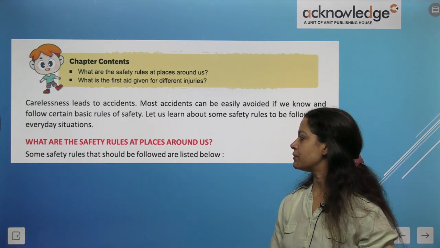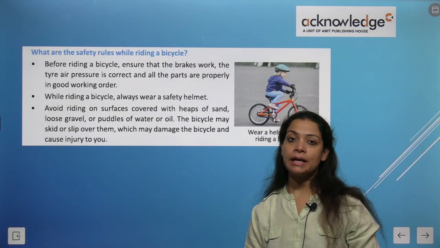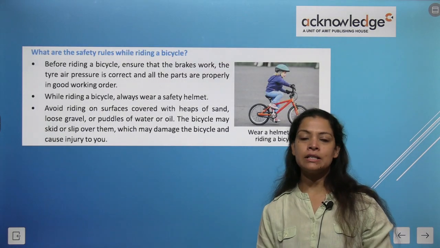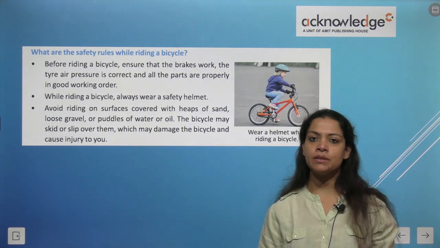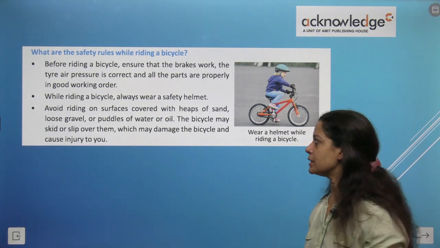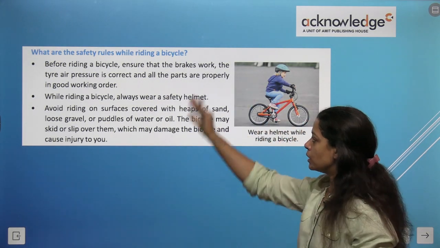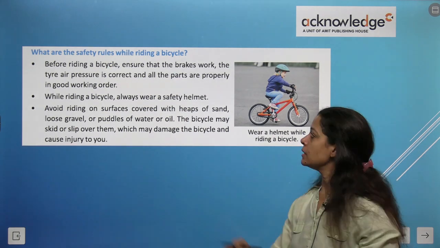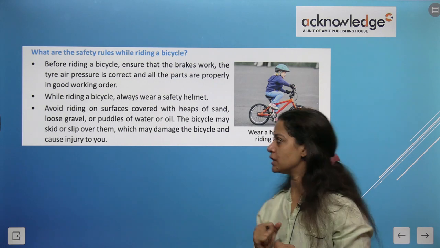First of all, some safety rules which can be followed while riding a bicycle. We all enjoy riding a bicycle during the evening or any time in the park. So what should the safety measures be? Before riding a bicycle, ensure that the brakes work, the tire pressure is correct, and all the parts are properly working together.